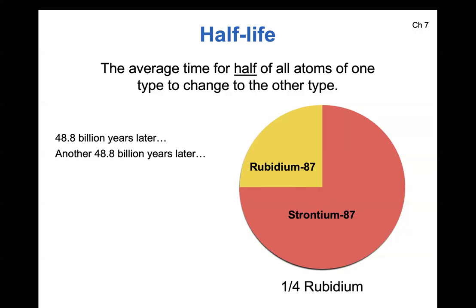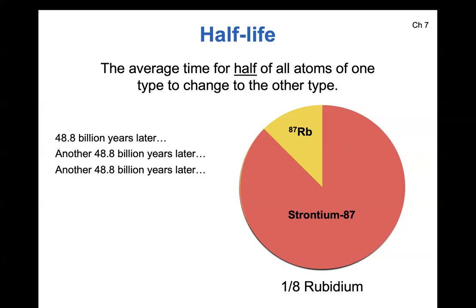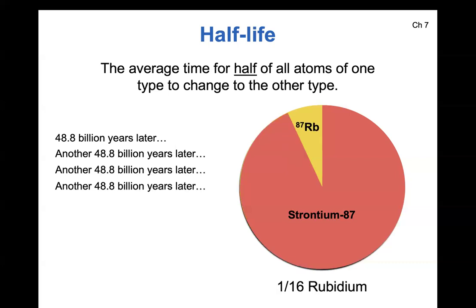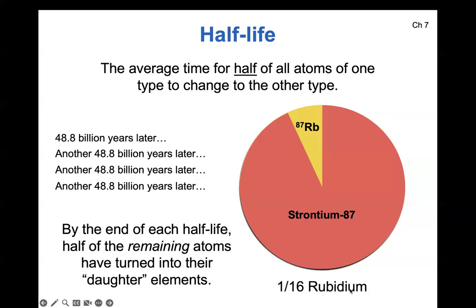The product of the decay now is the majority of the population. If we go 3 half-lives, which would be another 48.8 billion years, now we only have 1/8 rubidium and 7/8 strontium. If we go another half-life, which is another 48.8 billion years, which also would put us at an unbelievable point in the future. Well, not unbelievable, but at a drastically different universe than the one today, we would have 1/16 rubidium.